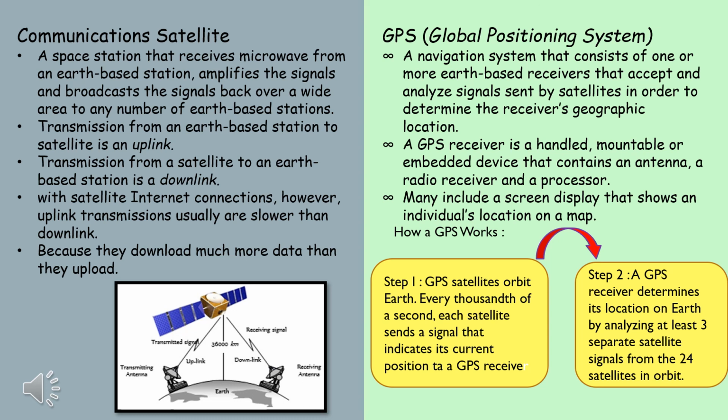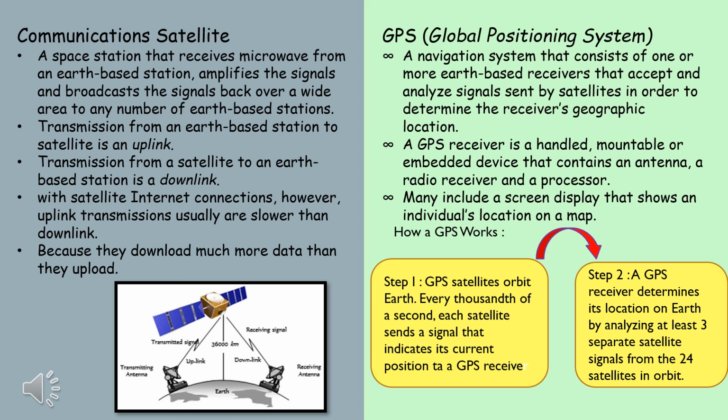Transmission from an Earth-based station to a satellite is an uplink. Transmission from a satellite to an Earth-based station is a downlink. With satellite internet connections, however, uplink transmission usually is slower than downlink transmission.